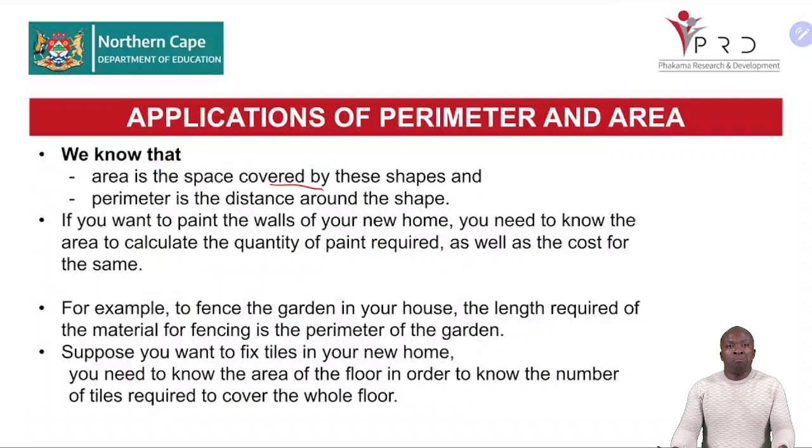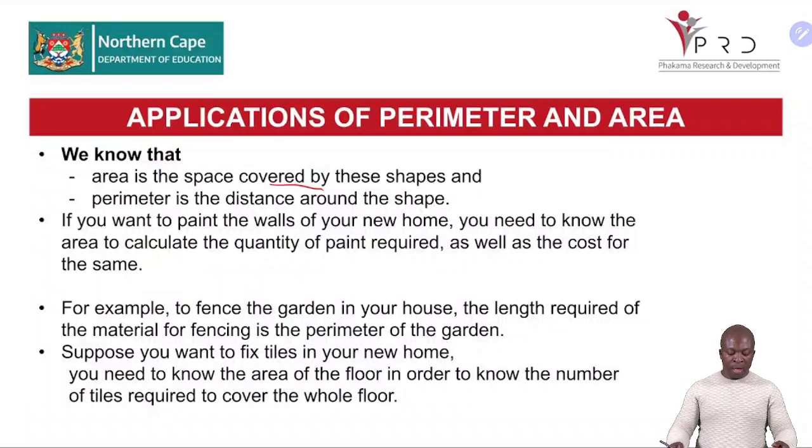For example, let's say we want to fence. When we are fencing, we already know how high the fence has to be. The key point is how long our fence is. Once we talk of how long, we are referring to the perimeter. So we apply our mathematical literacy ideas in real life contexts, because we are talking of reality here.